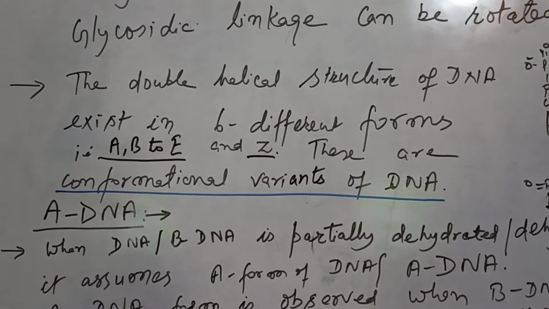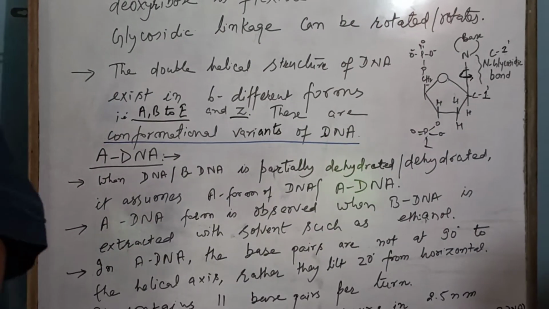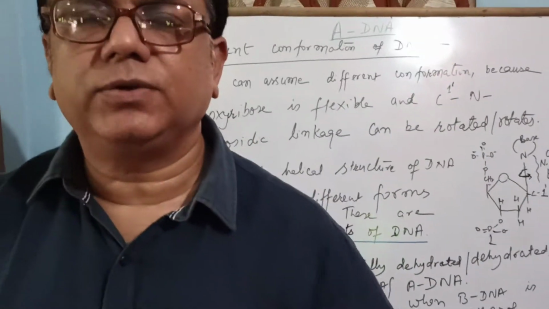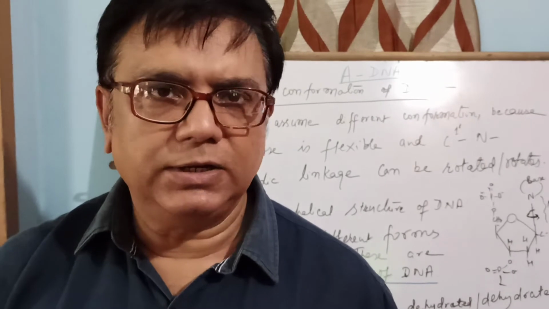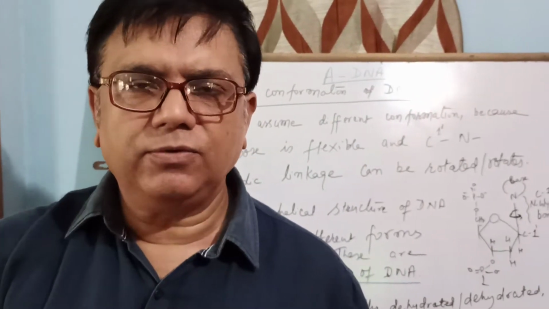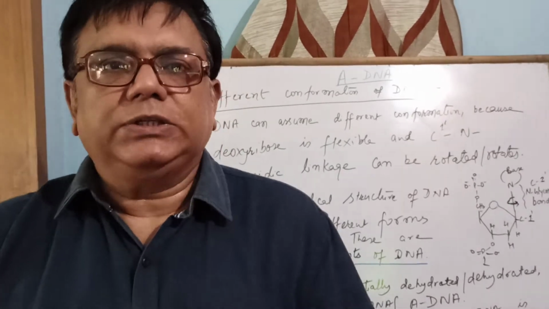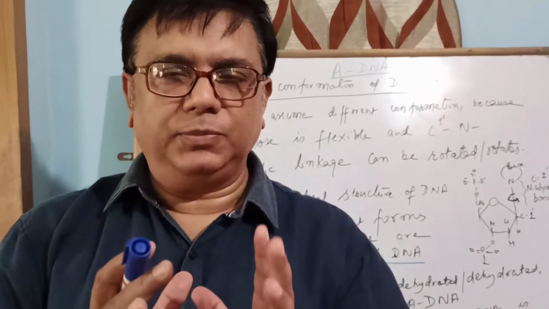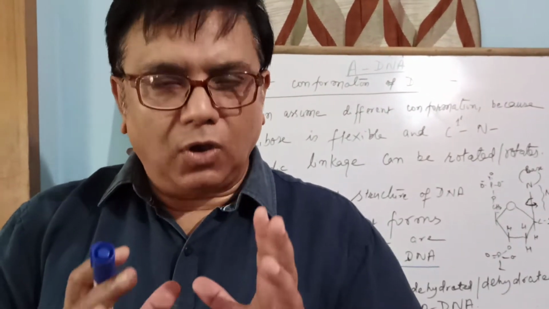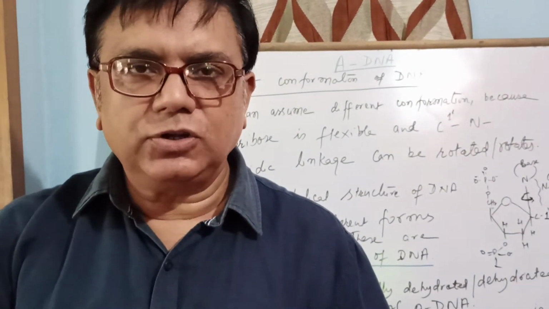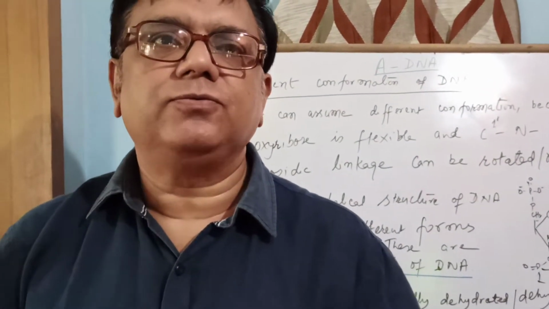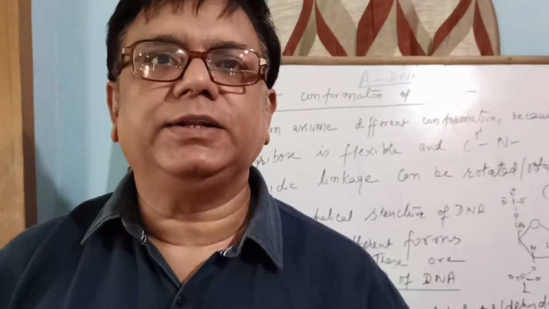Okay, so we have already studied one of the conformations of DNA, that is B-DNA, or the Watson-Crick model of DNA. Well, if you dehydrate that B-DNA, either partially or fully, you will get A-DNA.